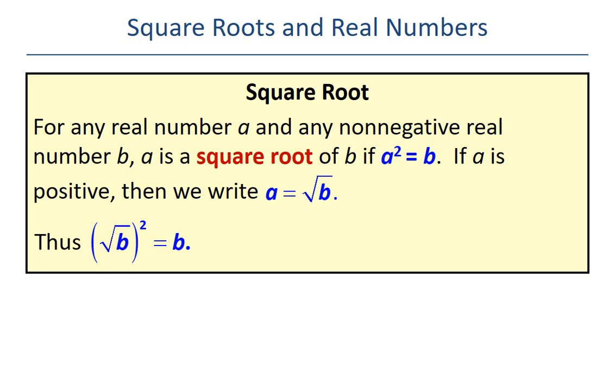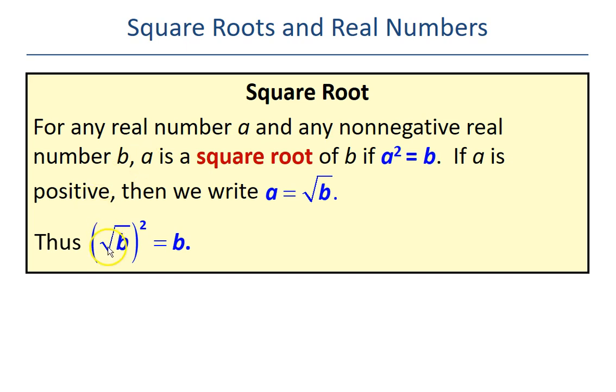Now, for any real number A and any non-negative real number B, A is the square root of B if A squared equals B. So that's just putting into some formal formulas here what we've just gone over.